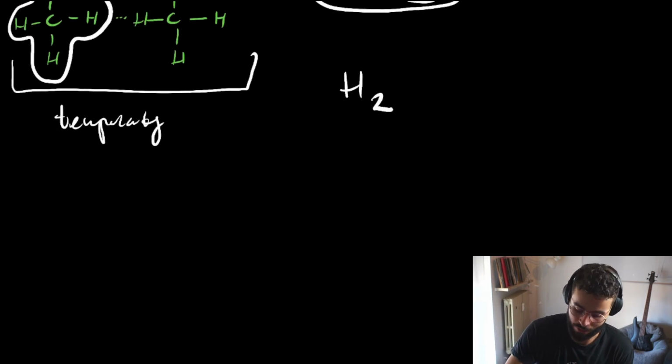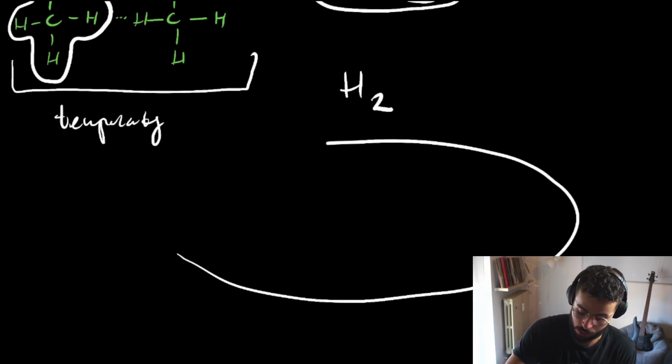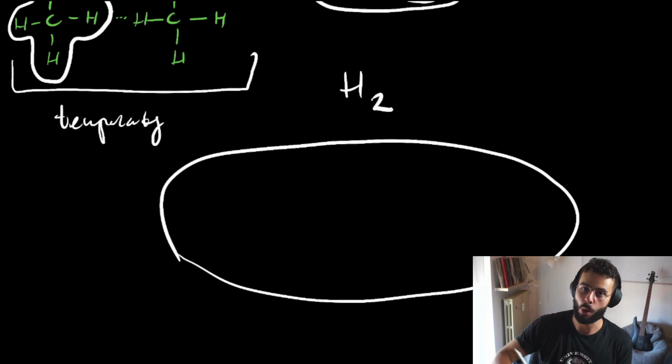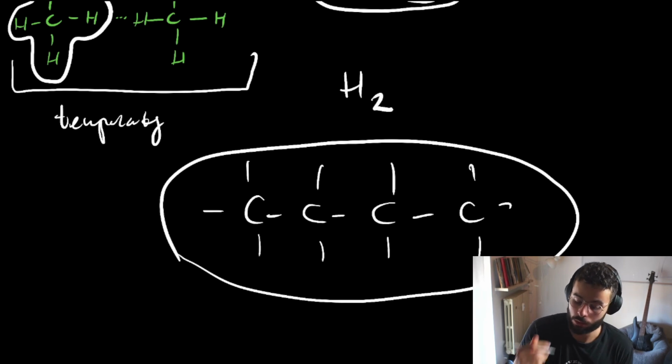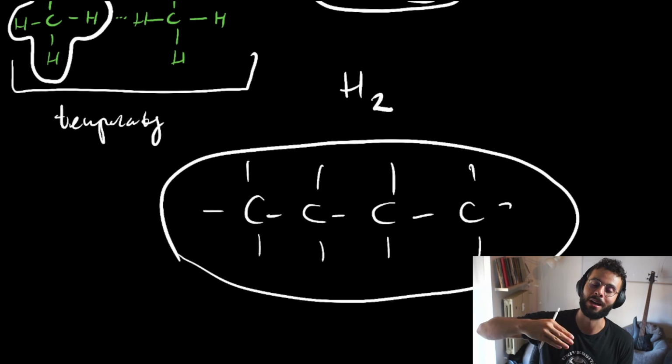Because when you have a very big cloud of electrons, you have more electrons. For example, let's take butane. The more electrons you have, the more likely you are to have momentary dipole around the molecule. And the higher the likelihood of momentary dipole, the stronger the van der Waals forces are in the molecule.